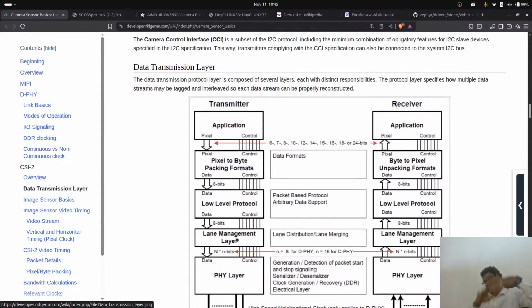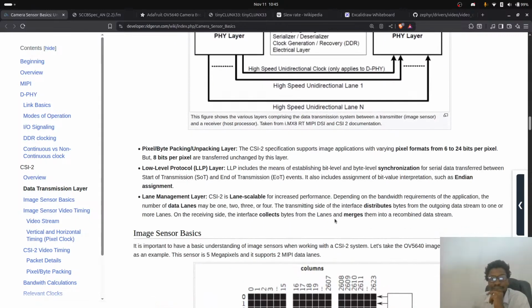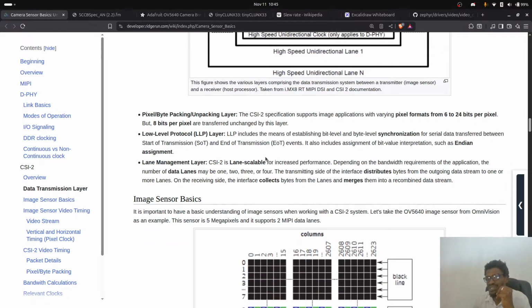It's stacked in such a way that you can run images and screens to read. And then CSI2 is lane scalable for increased performance, and depending on the bandwidth of the application, the number of data lanes may be 1, 2, or 3, or 4, and the transmitting side of the interface distributes bytes from the outgoing data stream to 1 or more lanes.